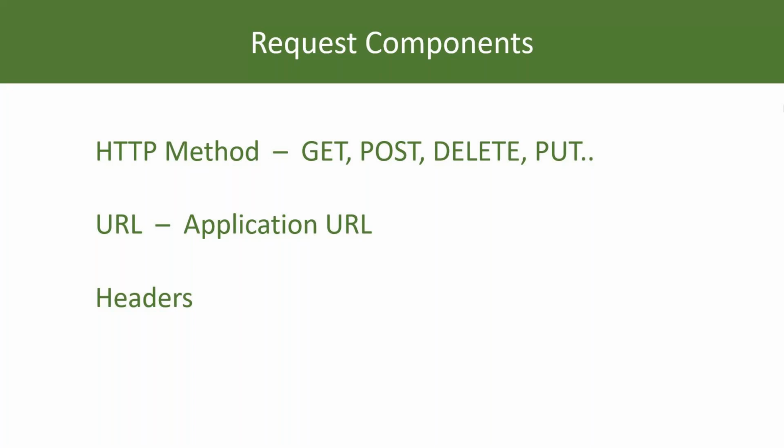That is the third component. Fourth is the body, which can also be called parameters. This part is optional. To have a complete request, you need these three components: HTTP method, URL, and headers. Three components make a complete request. Body is optional.